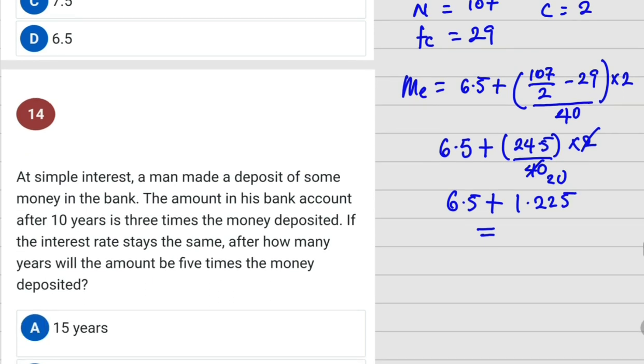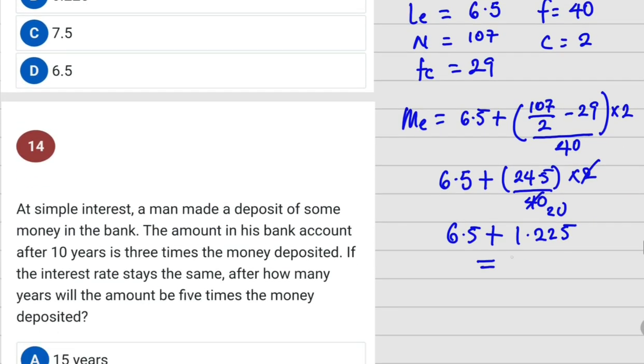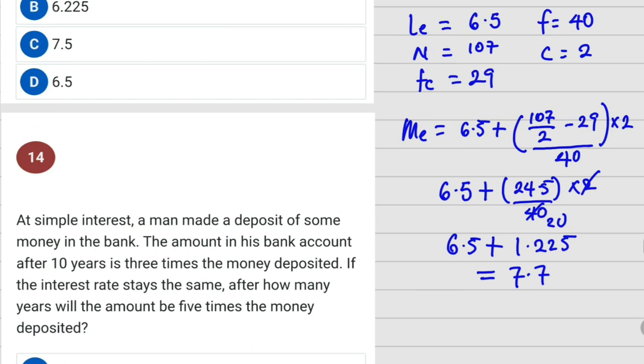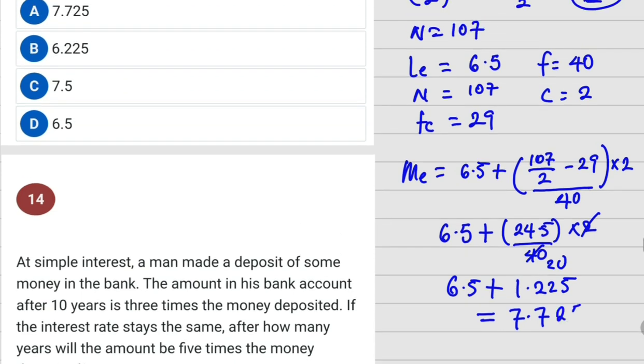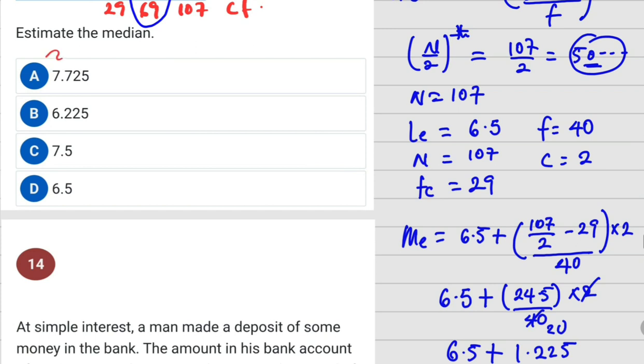Sorry for that. Now, if you add, you are going to have 7.725, which is A. So I have my answer. I'll go here to pick my A as my answer. Of course, if I should continue with the other one, I will not find the answer, so I have to do it again. Thank you for understanding.